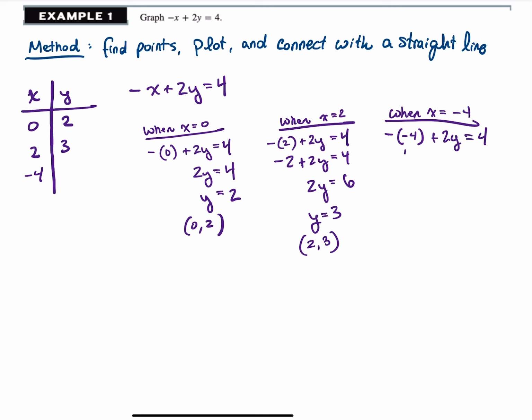The double negatives will cancel. It'll just give us positive 4 plus 2y equals 4. And then we'll subtract the 4 over. 4 minus 4 is 0, so we get 2y equals 0. And then when we divide both sides by 2, 0 divided by 2 stays 0. So that gives us the point (-4, 0).